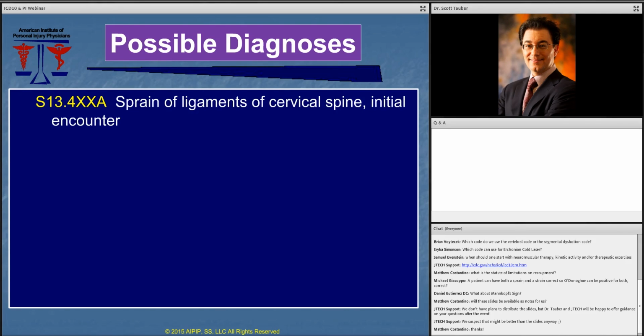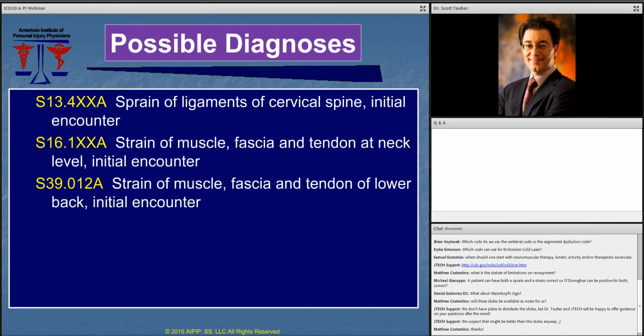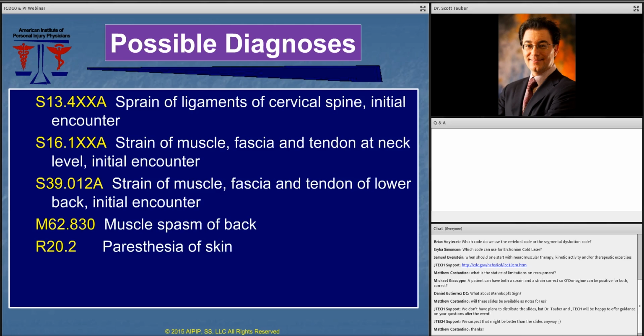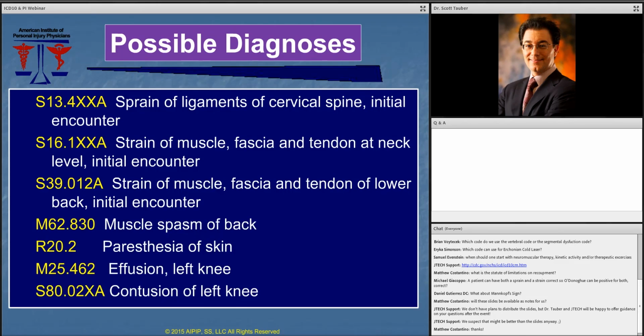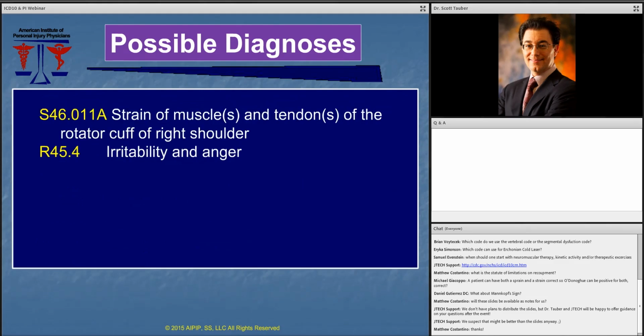We also have enough to document a strain of the muscles of the neck. Notice I put a strain of the lower back. There wasn't enough supporting documentation for a sprain. That's why I drew your attention to lumbosacral tenderness. We had muscle spasms. We had paresthesia based on our neurological testing. We had effusion and contusion based on the visible swelling and bruising.